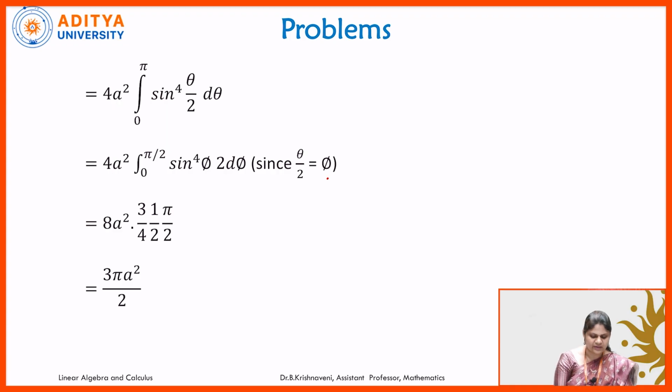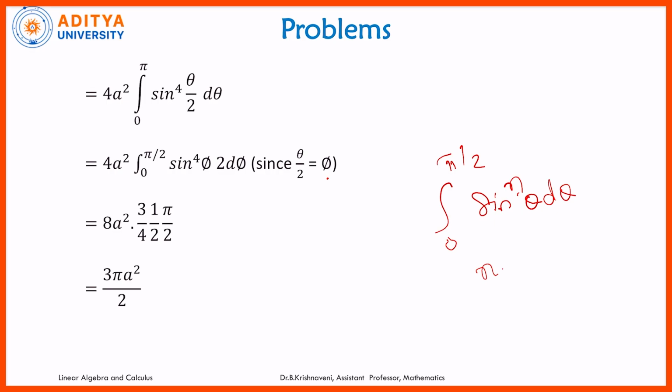So by means of the expansion, integral 0 to pi by 2 sine power n theta d theta depends upon the n value, if it is even or if it is odd. Here n is equal to 4, which is even. So apply the formula (n minus 1) by n, (n minus 3) by (n minus 2), and so on, 1 by 2 into pi by 2.